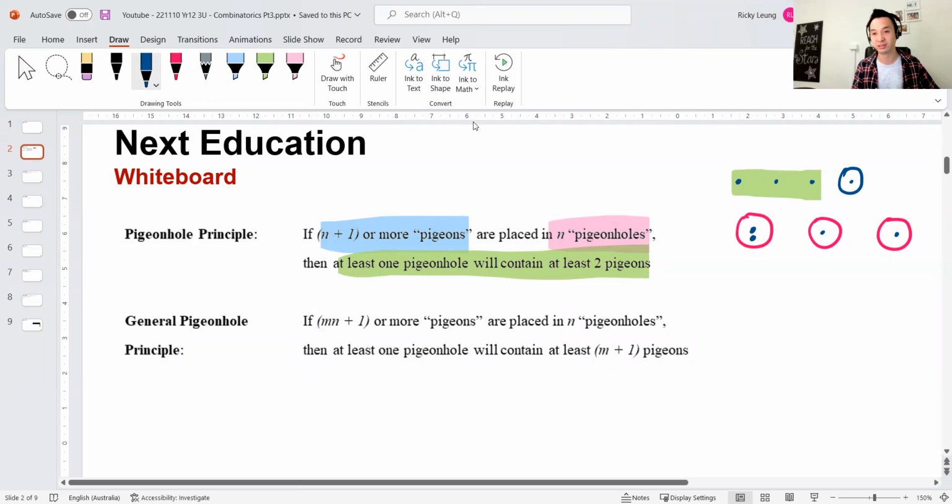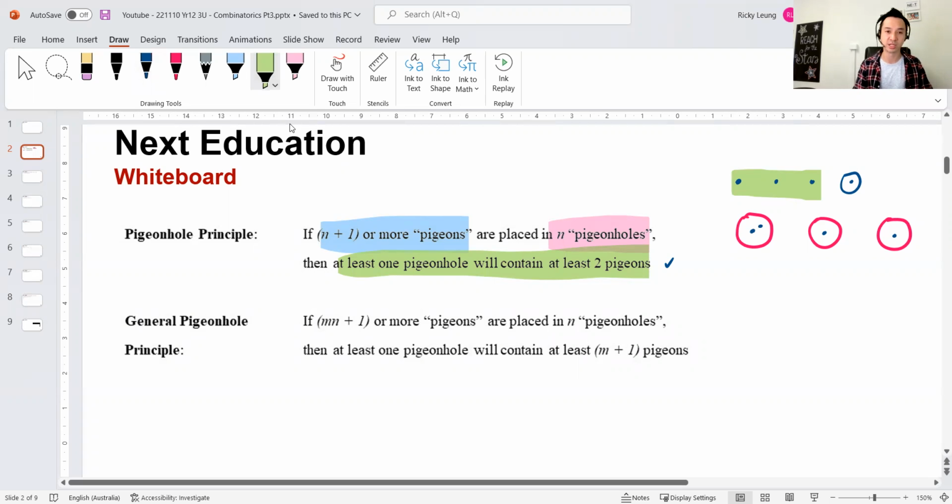Now, theoretically, I could have placed all the pigeons into one hole, but then the pigeonhole principle will still be true, right? Because at least one pigeonhole contains at least 2. So the principle is mainly: the layer spreads as much as you can, and then the remainder has to go somewhere, and that demonstrates the principle.